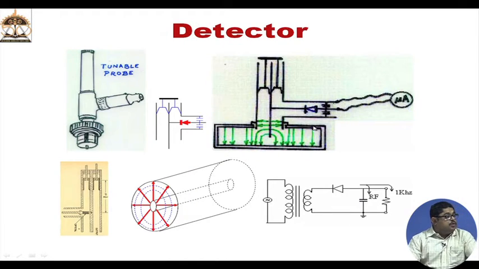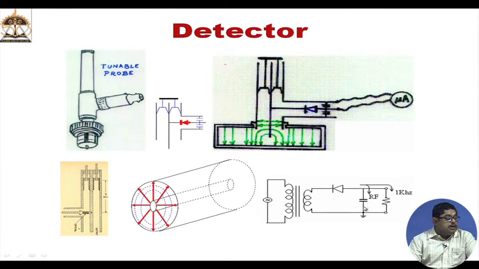You have a tunable probe. Inside that you see the detector is there, and when the detector is sensing, it is basically sensing the field in the slot. That field is taken, and then it is taken to either an ammeter or a VSWR meter.